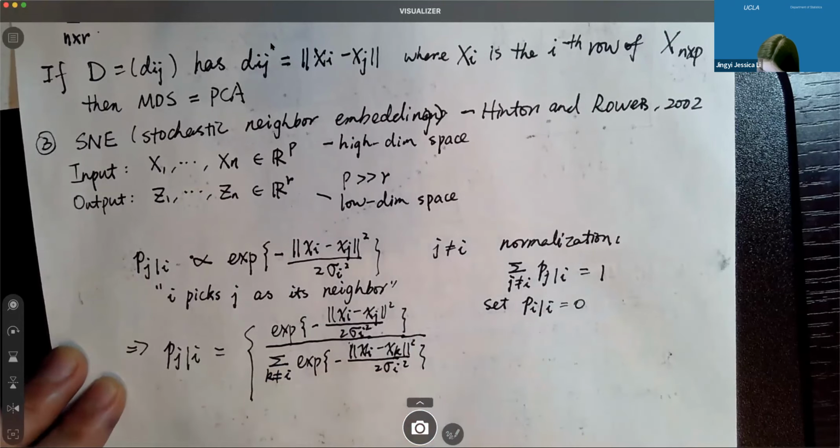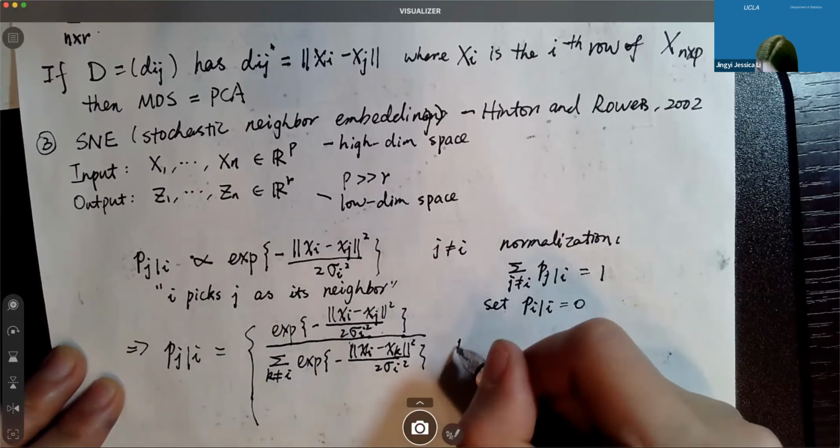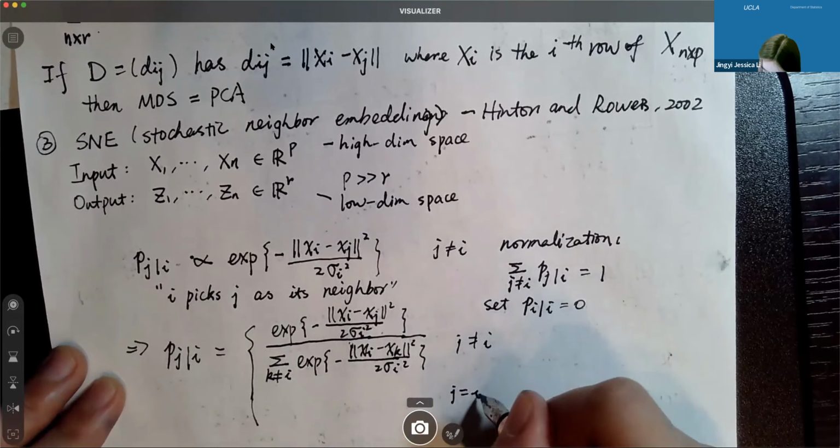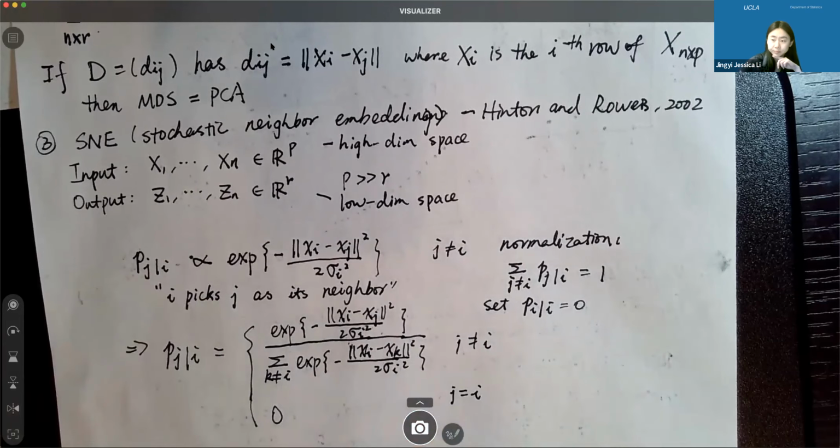Okay, so this is the case for j doesn't equal i. If j equals i, this is just equal to 0.